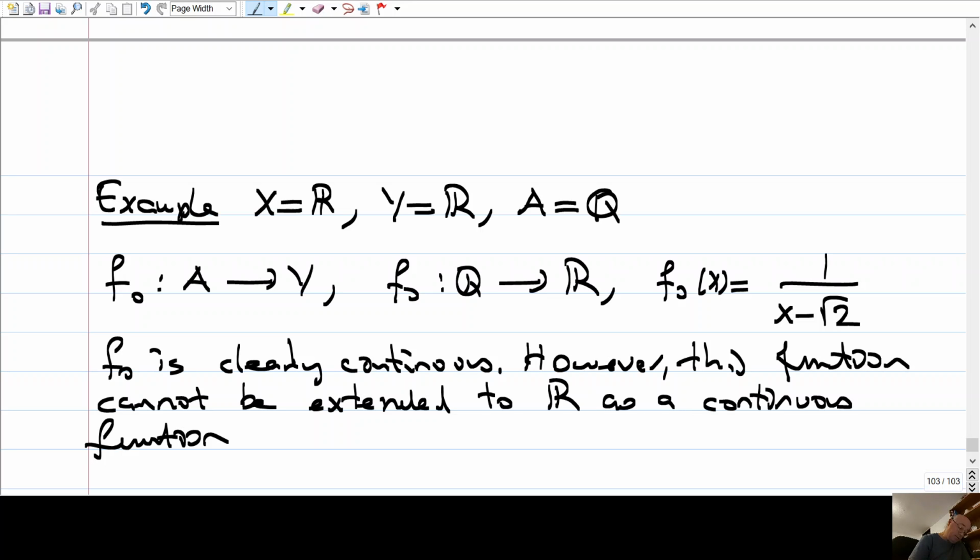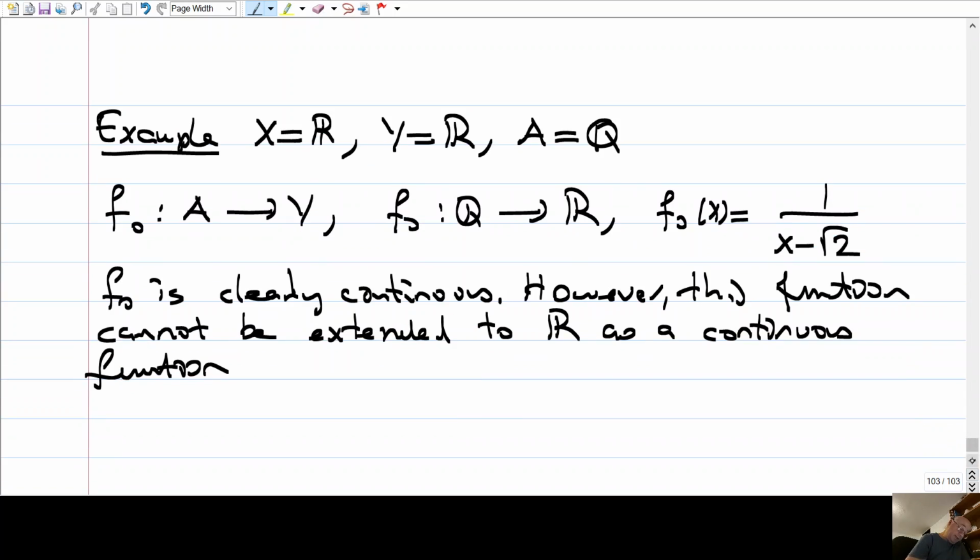Why is that? Because if it were, then I should be able to plug root 2 here, but in that case 1 over root 2 minus root 2 would be 1 over 0. That's a problem.